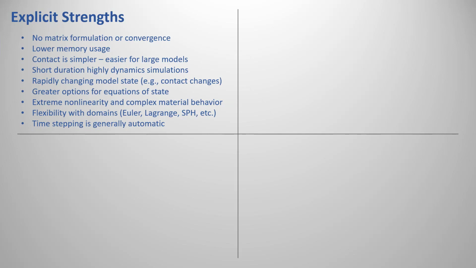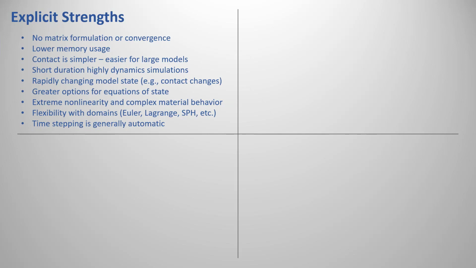Contact is sometimes a really messy problem in implicit solutions. You have to define all of your contacts. You have to look into your crystal ball and figure out what components come in contact with each other. And you can set up what are called body interactions in explicit dynamics that will essentially track any components coming in and out of contact for you automatically.